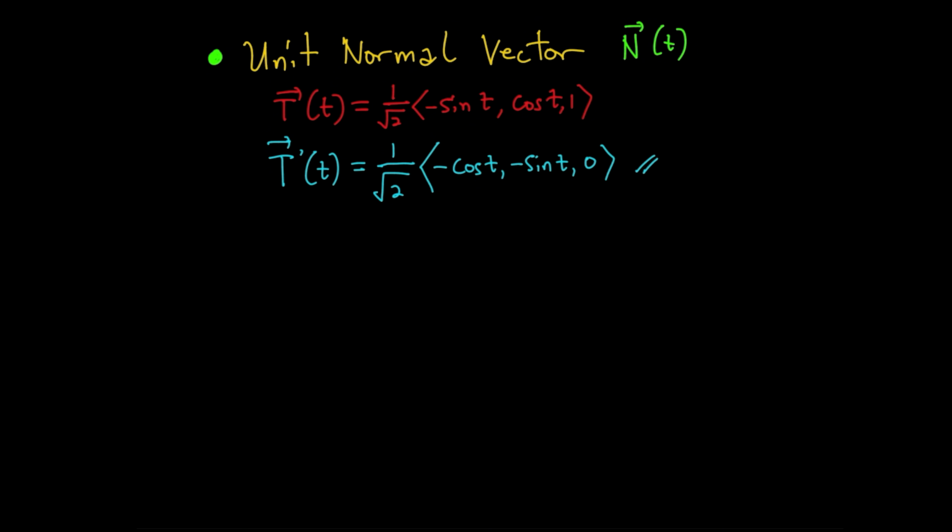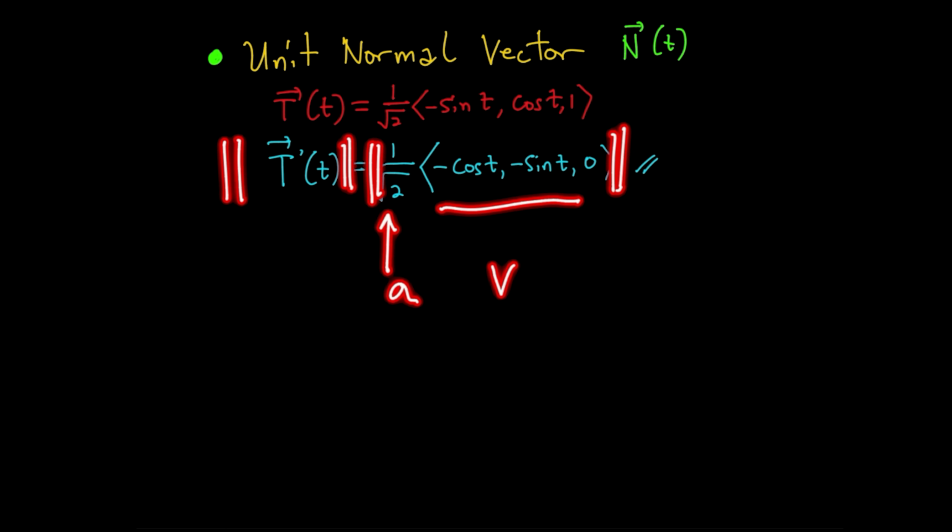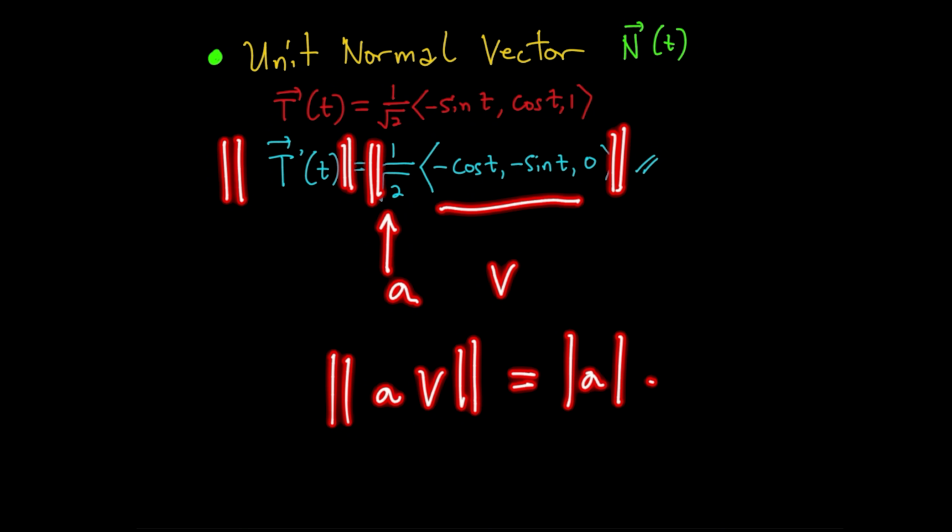For the magnitude, notice that there is a constant times a vector here. We can call the constant A and the vector V. There's a property that when you take the magnitude of this, you can simply take the scalar out times the magnitude of V. We will use this to simplify our process.